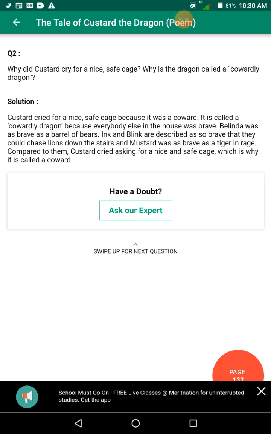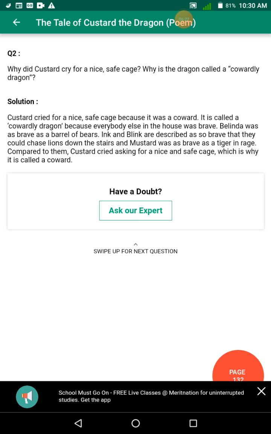Cage is to protect itself because it's a coward. That is why the term is cowardly dragon. Everybody else in the house, what about the people? Other creatures in the house are all brave.